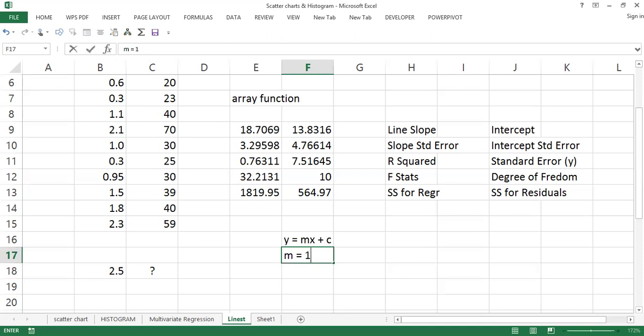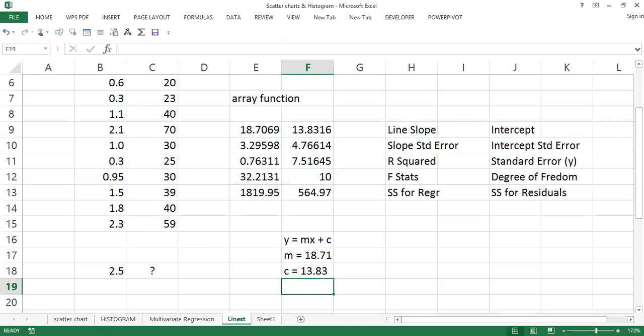M is the slope, yeah, 18.71, and c is equal to what? Intercept. Let's say 13. Let's use two decimal places, I mean, 13.83. And that's all. So our job is done.